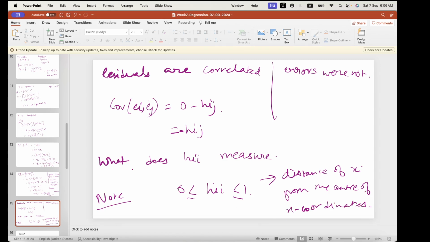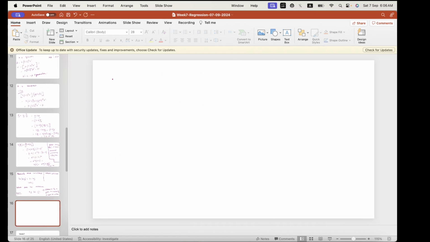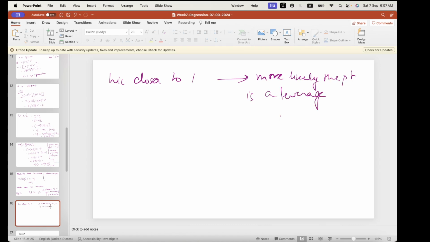So how do we interpret this? An hᵢᵢ closer to 1 means it is more likely the point is a leverage point, because this is purely based on the xᵢ observations. But if hᵢᵢ is closer to 0, then it is less likely to be a leverage point.